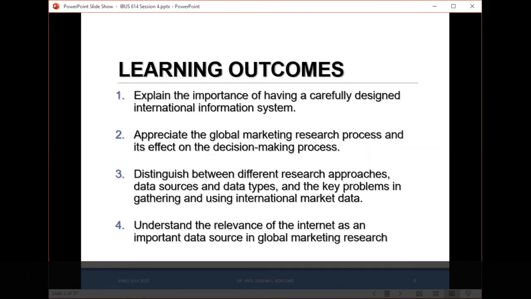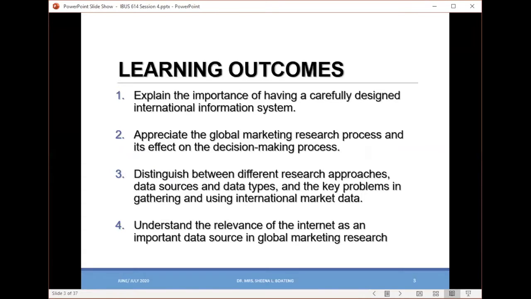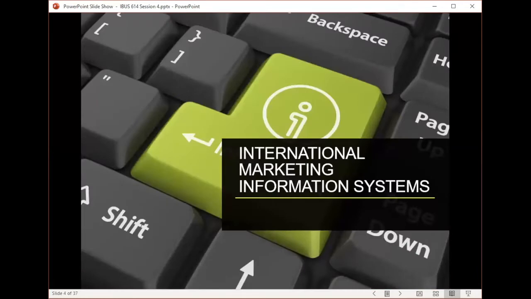We will also be able to distinguish between different research approaches, data sources, and data types, as well as the key problems in gathering and using international market data. And we will also be able to understand the relevance of the internet as an important data source in global marketing research. So let's dive right in.